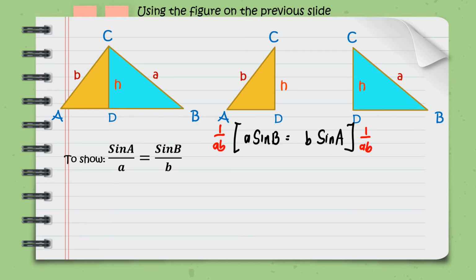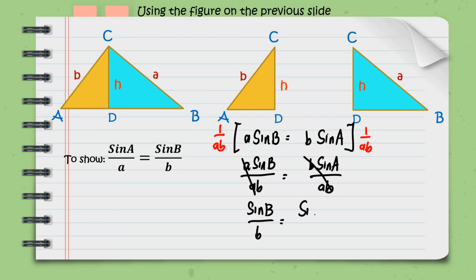So we have here 1 times a sine of angle B over ab is equal to b sine of angle A times 1 over ab. Observe that we can eliminate a here and b here. Therefore, sine of angle B over b is equal to sine of angle A over a.